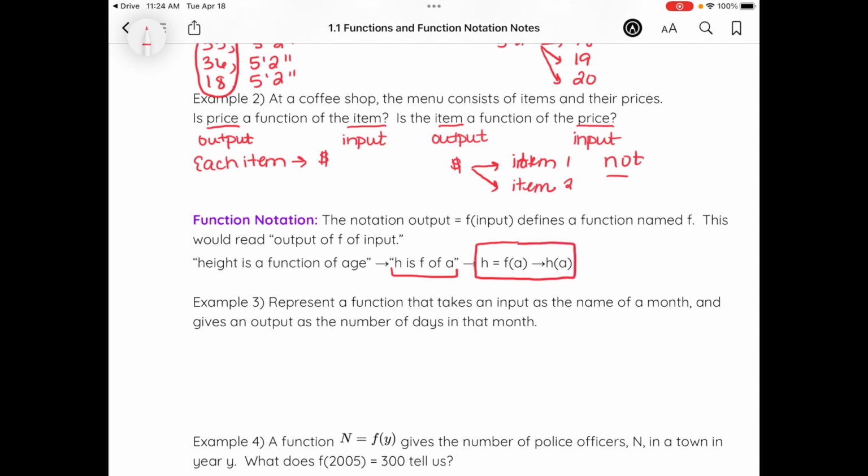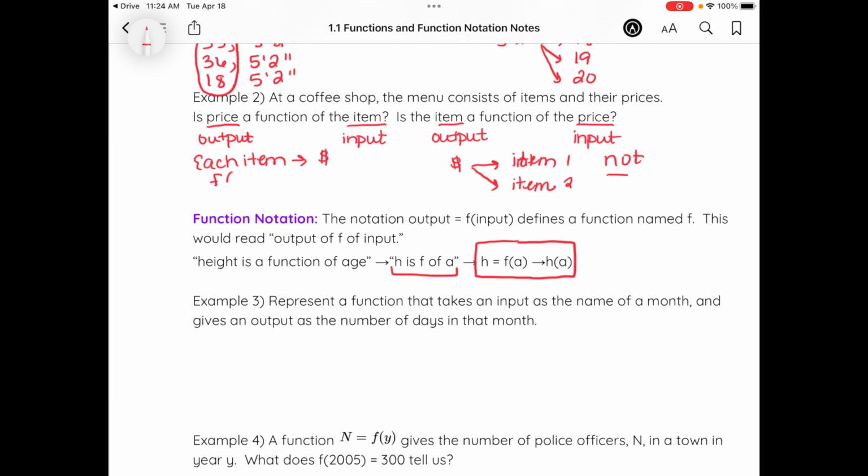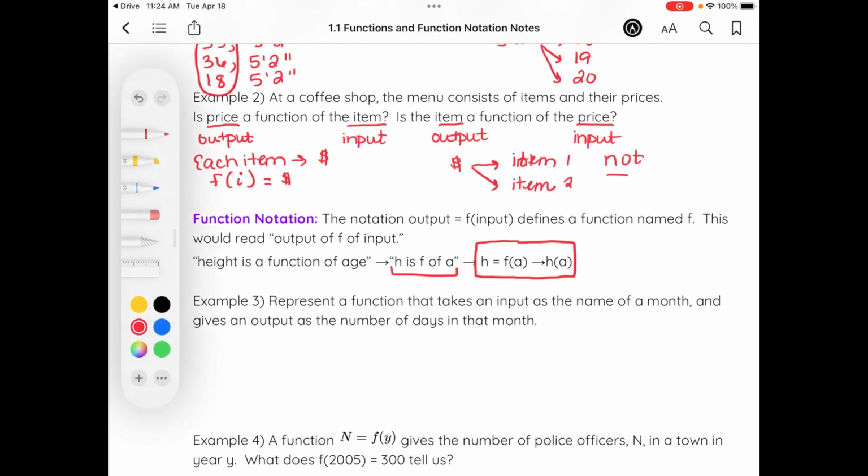So if I look at example 2, when I input an item into my function, I end up with a price, P. Thus, I could say that the price is determined by the item I input into my function.